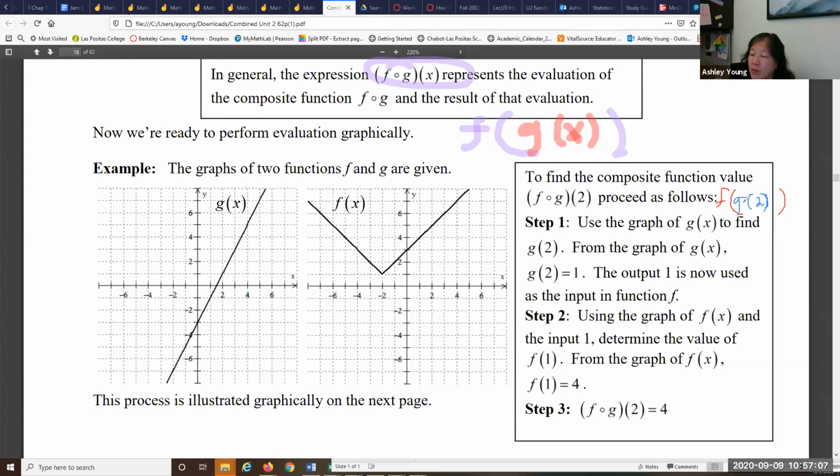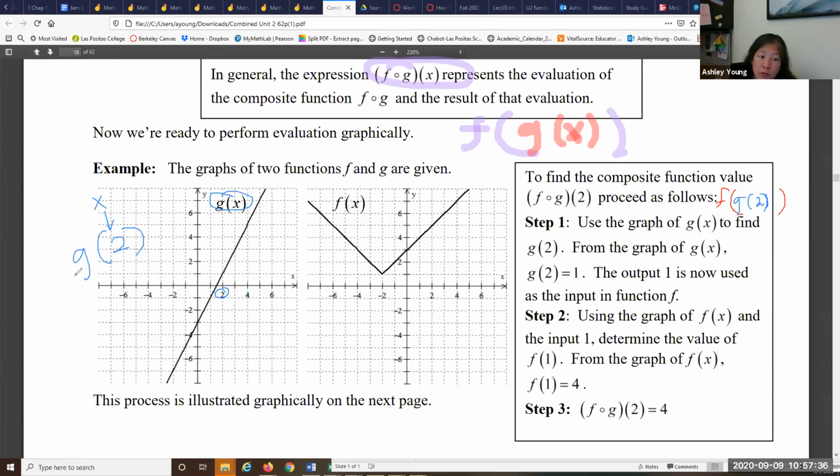In other words, if I put in 2 for g, what do I get? Here's my g. If my x is 2, here's my x is 2, right? So I want to find g of 2. Is 2 my x or my y, guys? Your x. Yes, 2 is my x. So then what's my y?